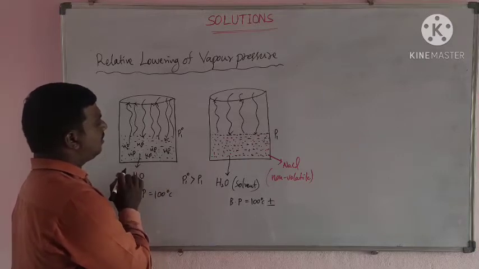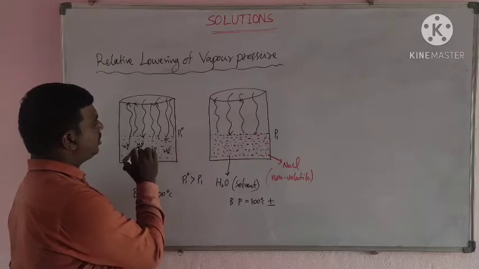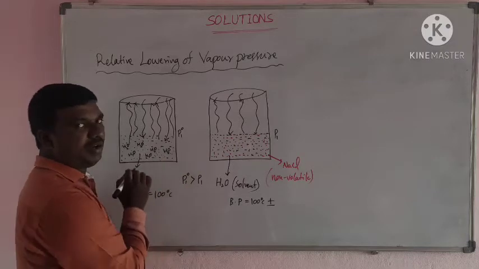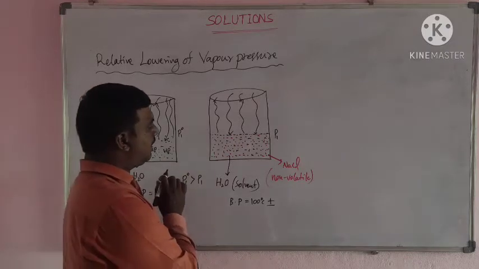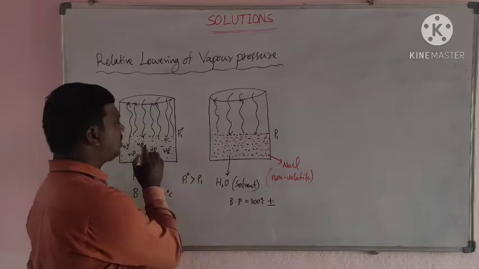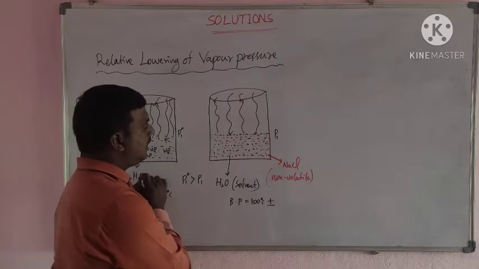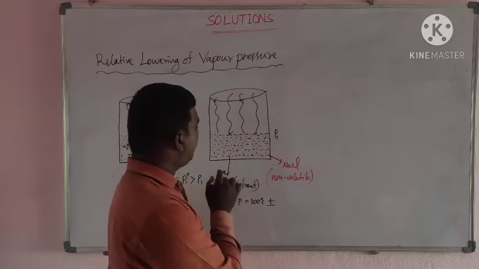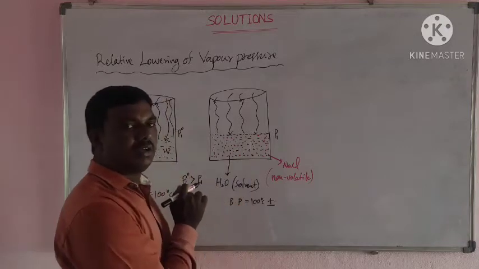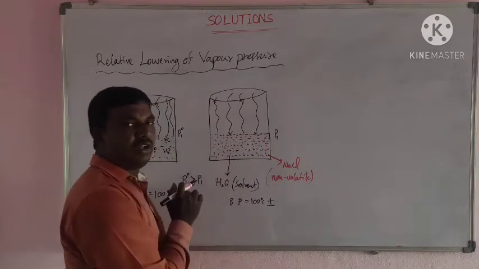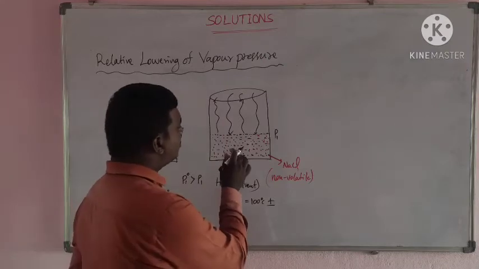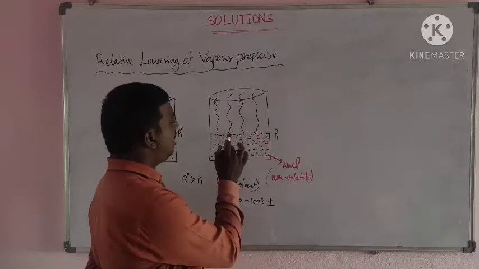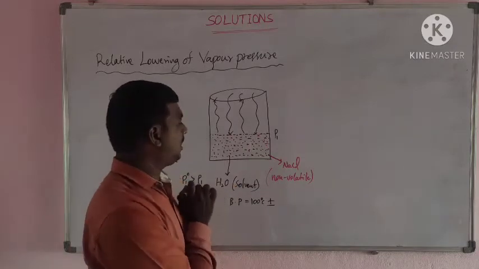This water has a vapor pressure at room temperature, that is P1 naught. When a non-volatile solute is dissolved in a pure solvent, the vapor pressure of the solvent is lowered. That is, the vapor pressure of the solution is lower than that of the pure solvent, because the escaping tendency of solvent molecules decreases.